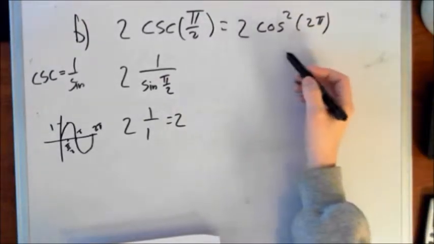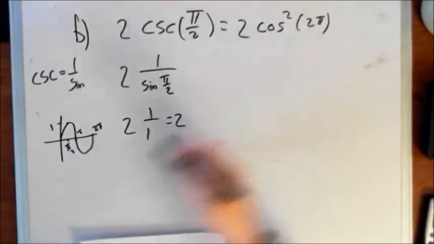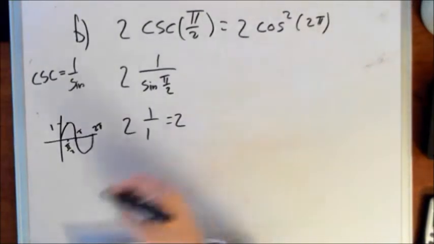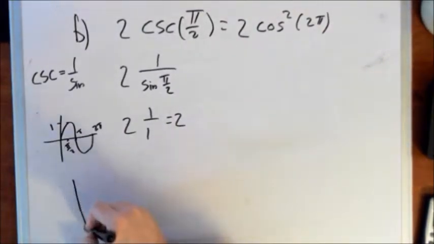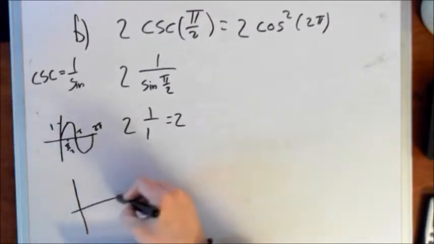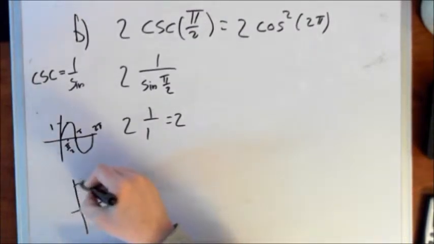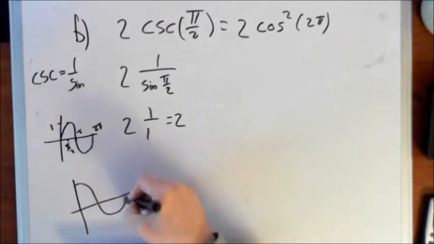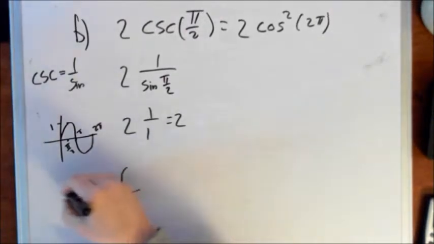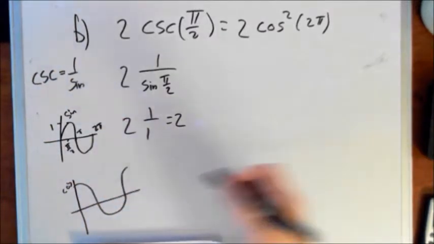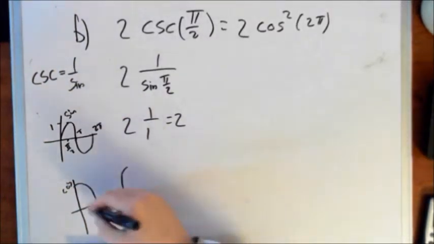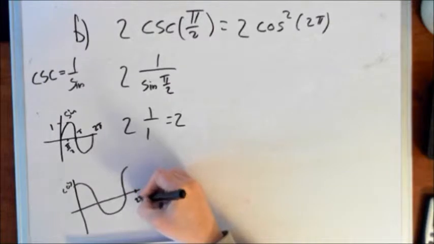So anyway, 2 times cosine of 2 pi squared. So what is the cosine of 2 pi? And again, we'll draw our graph out here. So this is cosine. This was sine. Don't get them confused. So we want to look at cosine of 2 pi. We know that 2 pi is out here.